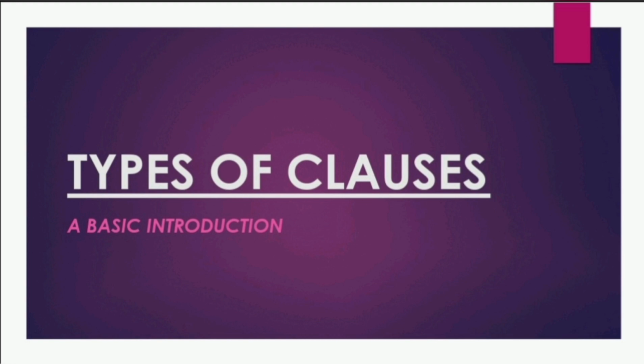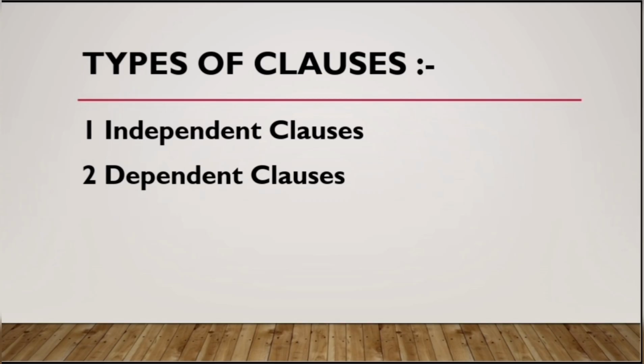Let's get started. So students, the main introduction to the types of clauses refers to its main division. Mainly clauses are divided into two parts: the first one is independent clauses, the second one is dependent clauses, and the others will eventually be the subcategories of each of the mentioned here.